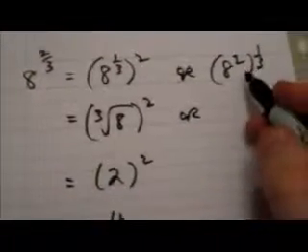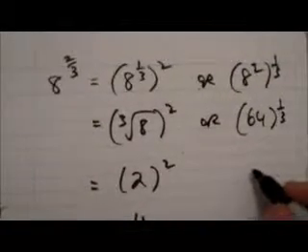The other way I could work it, I could say 8 squared is 64. And then the question is, well, what's the cube root of 64? So the cube root of 64 means what number would I cube to get 64? So 2 by 2 by 2 is 8. 2 cubed is equal to 8.